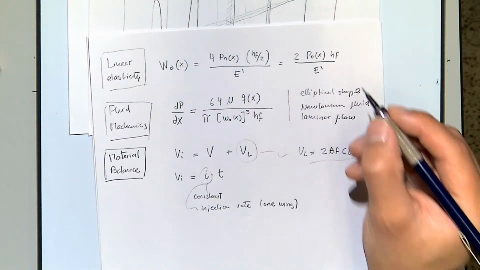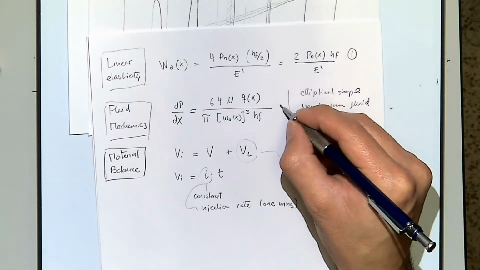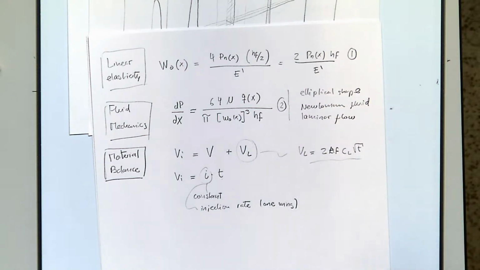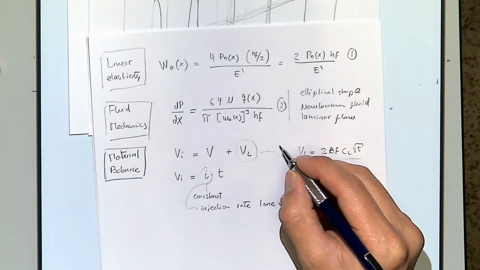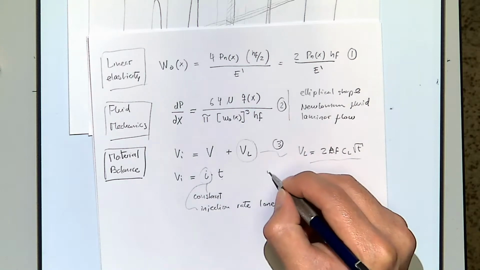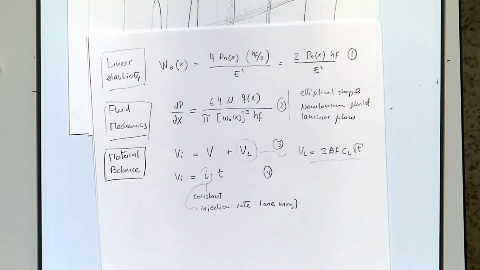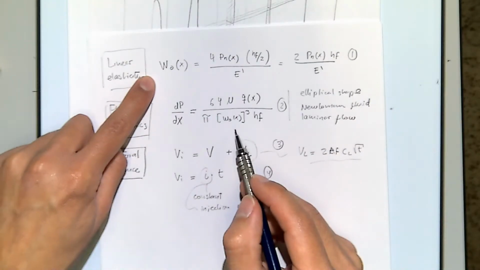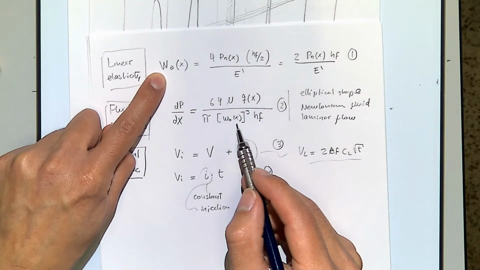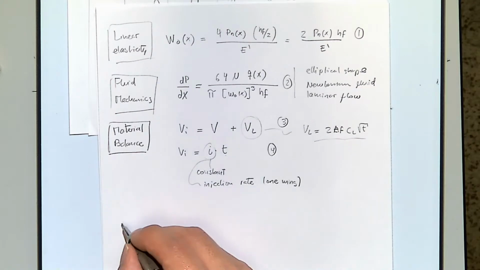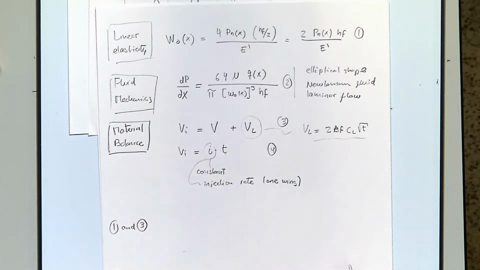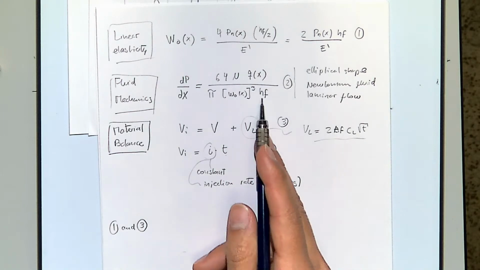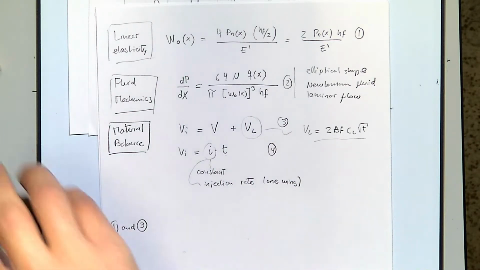So this is equation 1. This is equation 2. And this is equation 3 and equation 4. So I can put together, look, the width is in the 2 equations, right? So I'm going to combine 1 and 3. And I'm going to put that width over there. Actually 1 and 2, not 1 and 3.